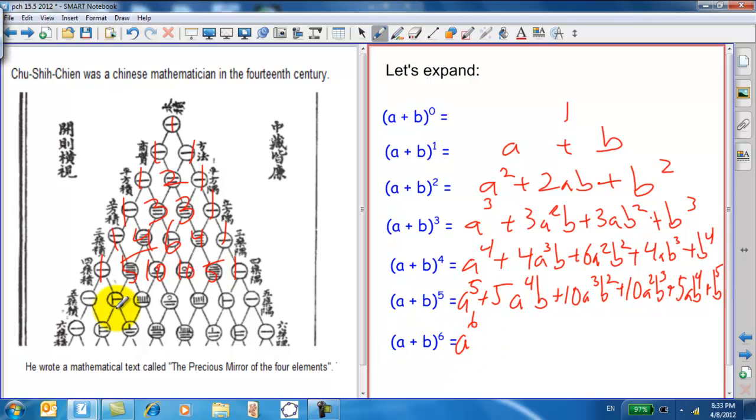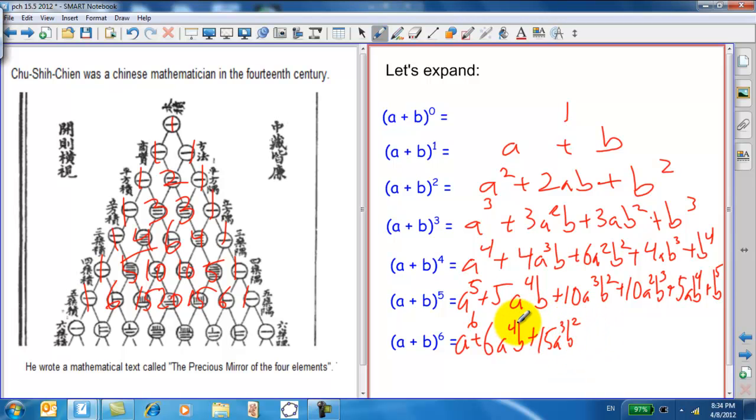A to the sixth, there's our 1. We've seen this symbol before, that's a 6. Plus 6a to the fifth b, plus, look at this, a bar with 5 things on top of it. That looks like a 15 to me. And look at this, 2 10s is 20. See the 2 bars like that? 15, 6, and 1. So 6a to the fifth b plus 15a to the fourth b squared.